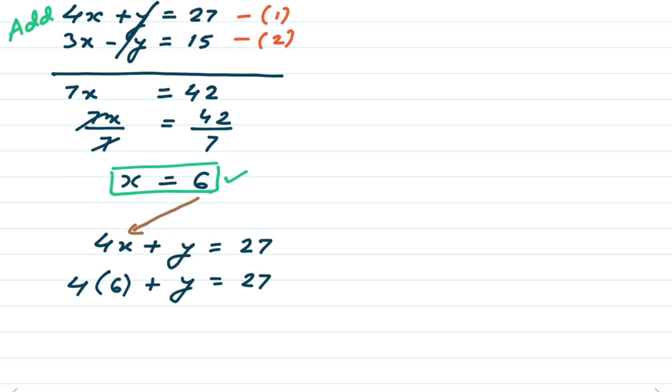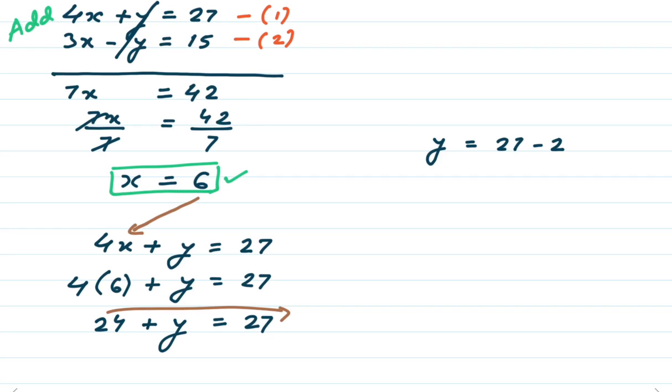That gives me 24 plus y is equal to 27. Take 24 to the other side, so it now becomes y equal to 27 minus 24. That gives y is equal to 3.